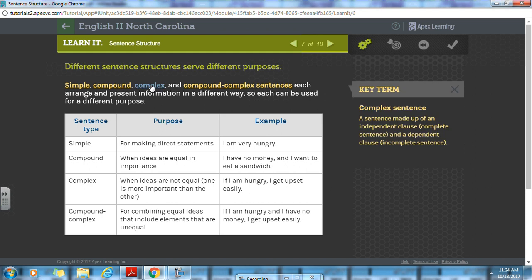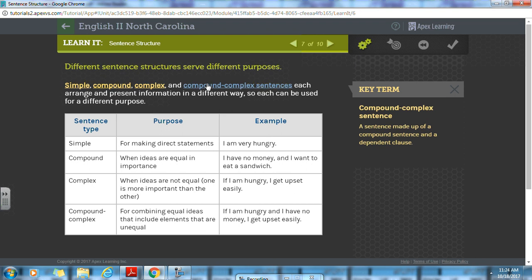Complex sentences come in when ideas are not equal, hence the unbalance of a complete thought combined with an incomplete thought. So one thought is more important than the other. If I am hungry, if is another dependent conjunction, comma, I get upset easily, or I get upset easily if I am hungry.